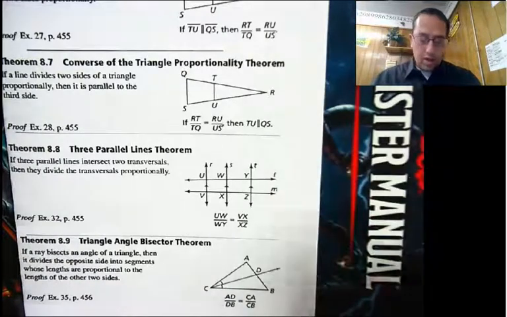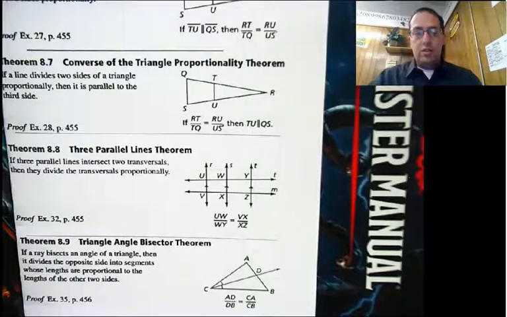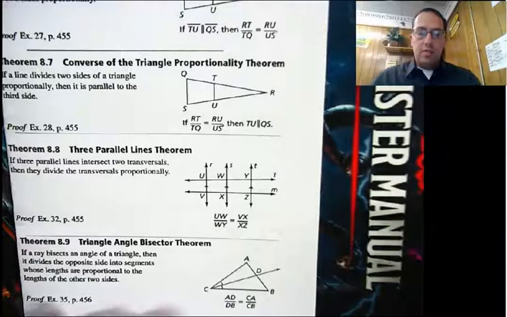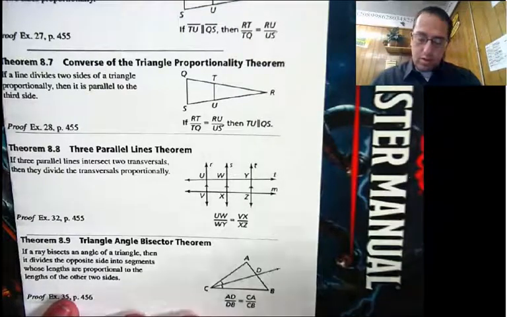The last theorem we have down here is the triangle angle bisector theorem. What this says is that if a ray bisects an angle of a triangle, then it divides the opposite side into segments whose lengths are proportional to the lengths of the other two sides. That's a bit much.